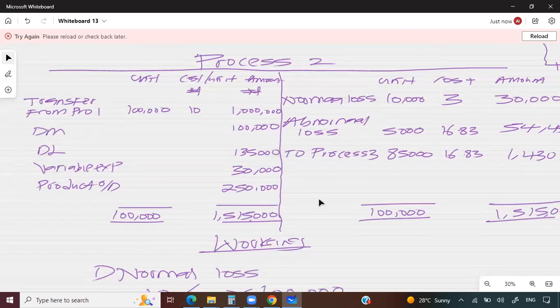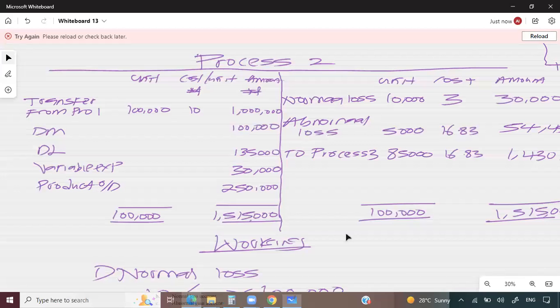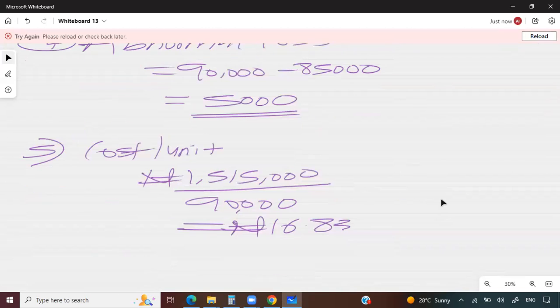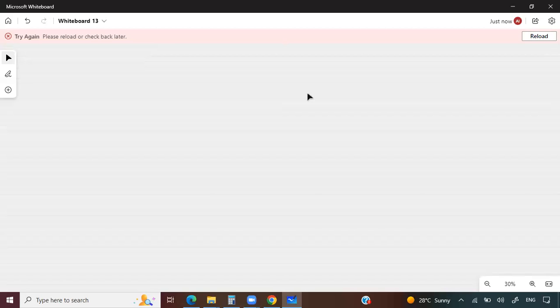This is the only thing that will be causing some slight difference, which is as a result of our approximation, which is fine. The next requirement was process 3. This is usually very long, but let's do it.